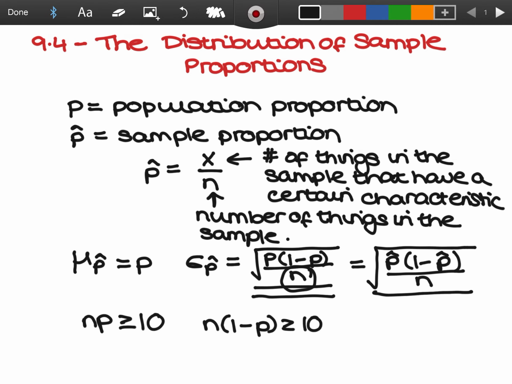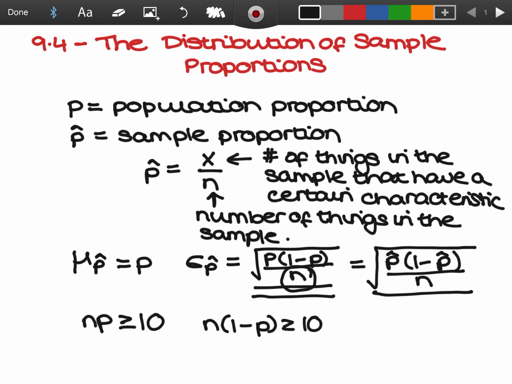So we want the number of things in the sample multiplied by the proportion to be at least 10. That is what we count as a sufficiently large sample in this case. So just be aware of that. It lines up with that binomial.